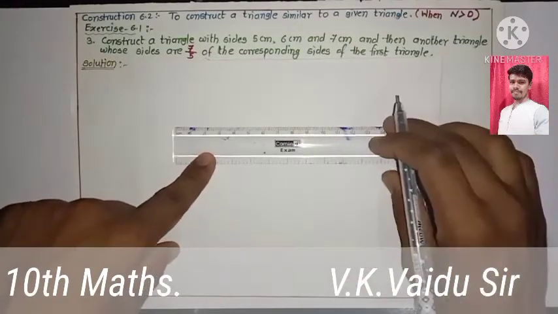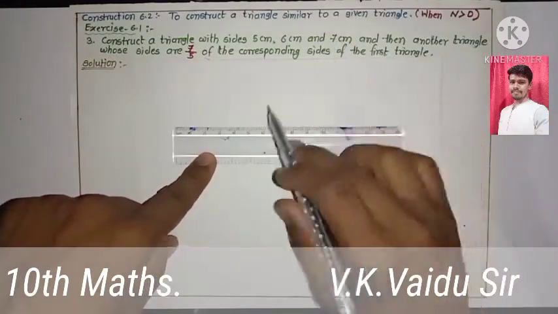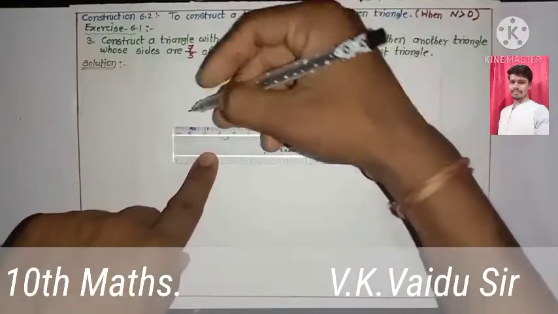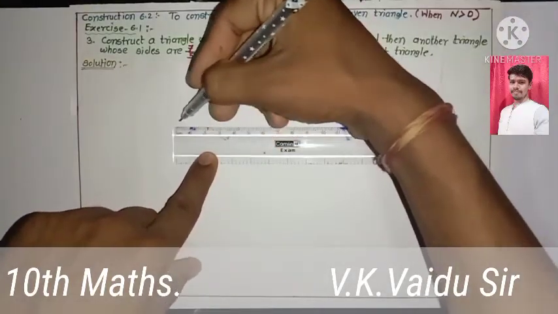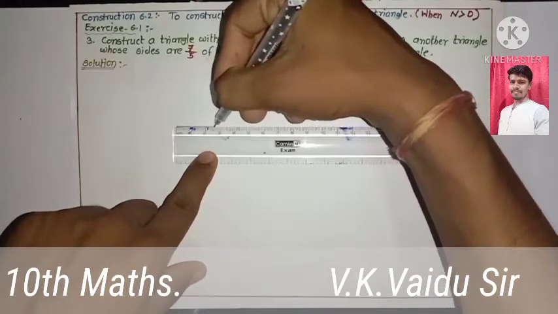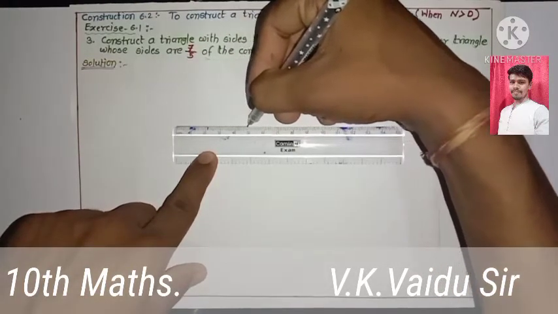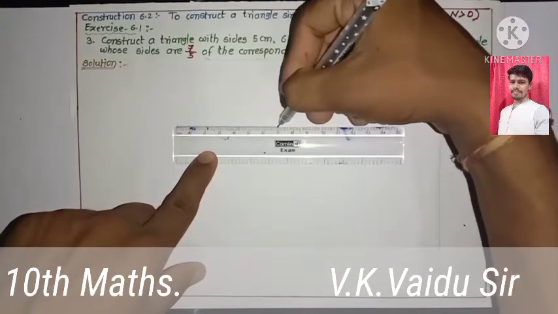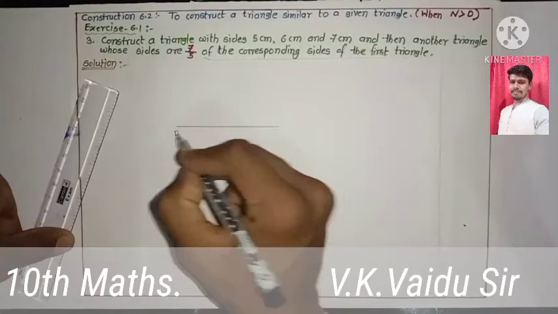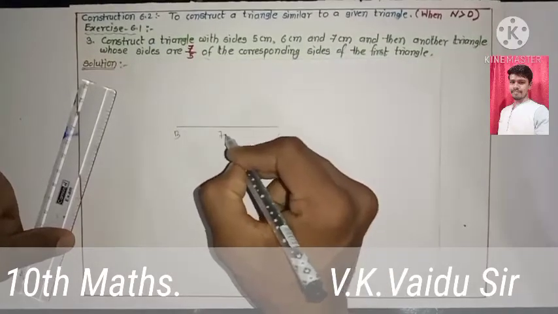Step 1, draw a 7 cm line segment. So first we draw a 7 cm line segment: 1, 2, 3, 4, 5, 6 and 7, and name this line segment BC, which is 7 cm.